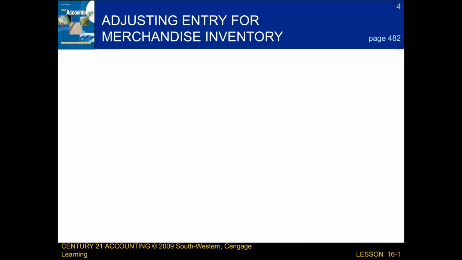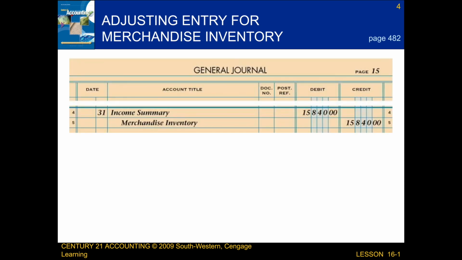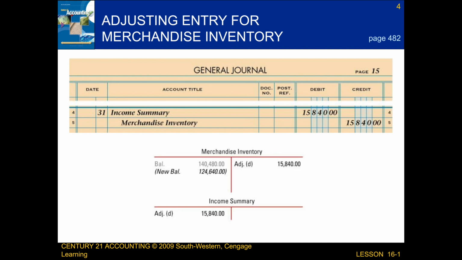Okay, next we're going to be talking about the adjusting entry for merchandise inventory. So the adjusting entry for merchandise inventory is as follows. We debit income summary and we credit merchandise inventory.